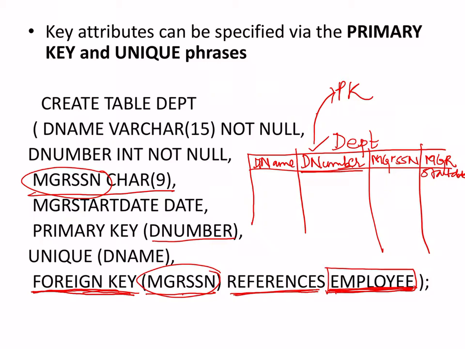primary key. And then it has been told, D name has to be unique. Then there is another thing which has been told, that MGR SSN, that is here, is nothing but a foreign key, and it is connected to a column in the employee table.